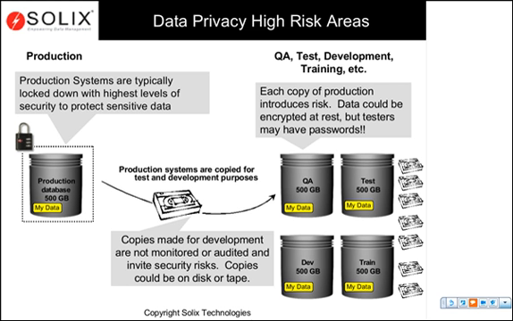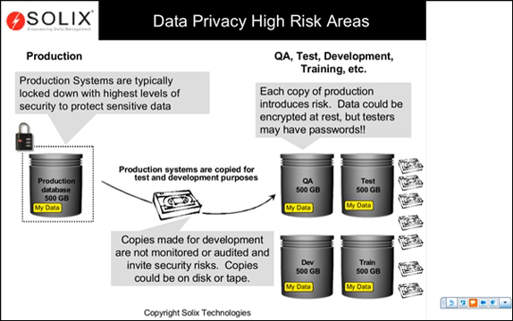Data could be encrypted at rest. So say, for example, if you're using encryption capability between the application and the database, that's great. But when you use it for testing purposes, a lot of times the testers need to have the right privileges and be able to run reports using those particular user IDs.